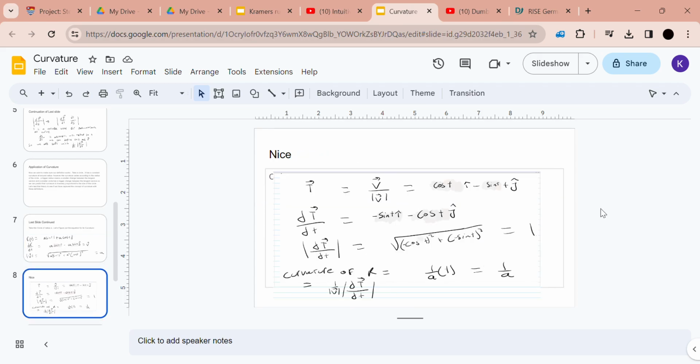And that's nice. Well, now we need the derivative of this unit tangent with respect to time, and we can say that's negative sin t i minus cos t j. Remember, we find the norm of this, and again, some trigonometric identity shows us that the norm of this is 1.